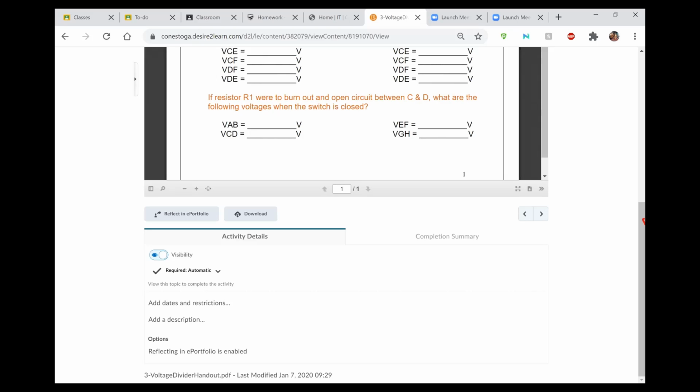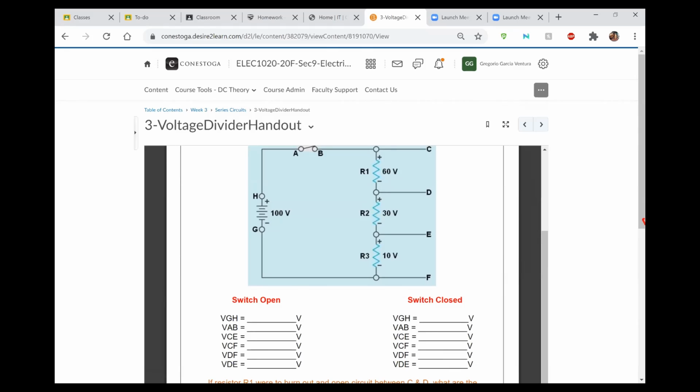Okay, so in this instance, if that resistor R1, which is this one that we have in here, were to burn out, as I said before, the source voltage will never change. I want you to keep something in mind. When that resistor burns out, if I measure with an ohmmeter the resistance across an open resistor, I'm going to get pretty much infinite resistance.